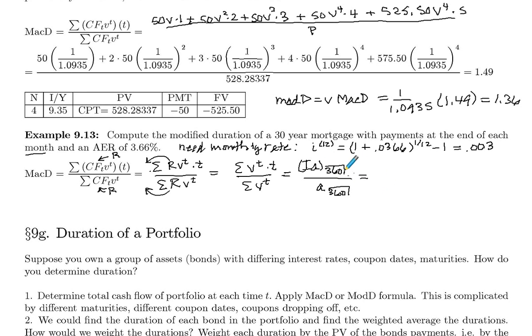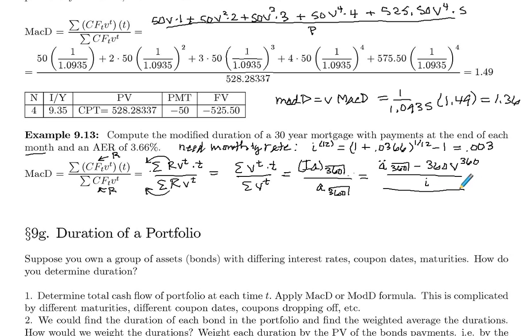So then what's (Ia) angle 360? Well, if we use the formula for present value of the increasing annuity, this is ä angle 360 minus 360 times v to the 360, divided by i.